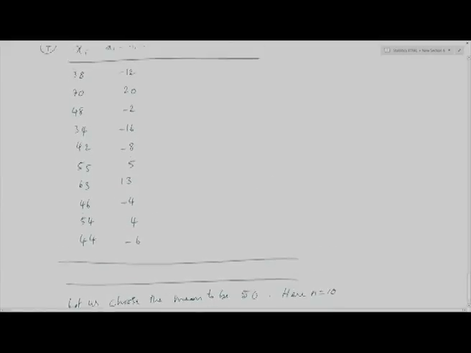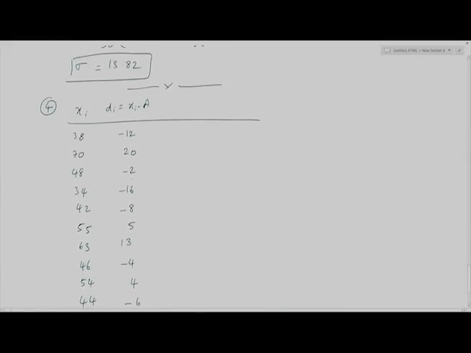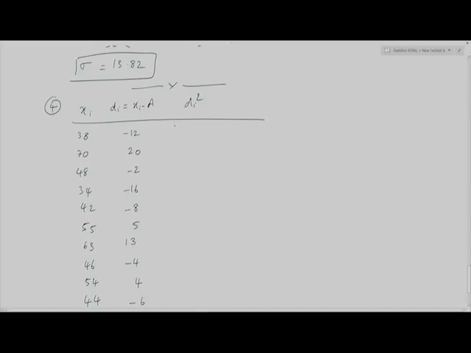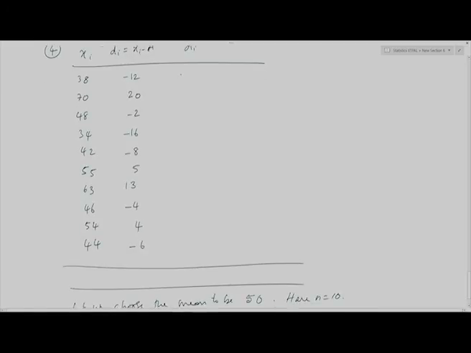Now it is easy, squaring that will be a smaller number, so easier always. So, di square, if I substitute all the values: 144, 400 and so on, 4, 256, 64, 25, 169, 16, 16 and 36.